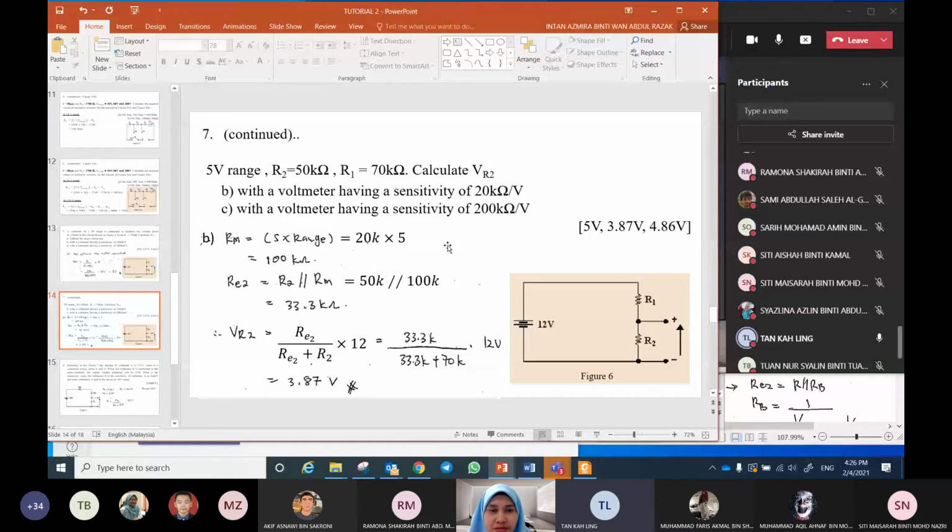Are you sure? What is the RE? R equivalent, then the R equivalent. How to calculate?